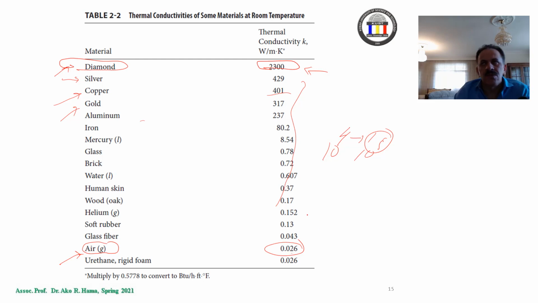This means the air is very beneficial if you want to resist heat transfer. For example, for the construction of an insulated wall, you make an air gap between the two layers, so the heat does not transfer from one point to another, and the same goes for the gases that we have.